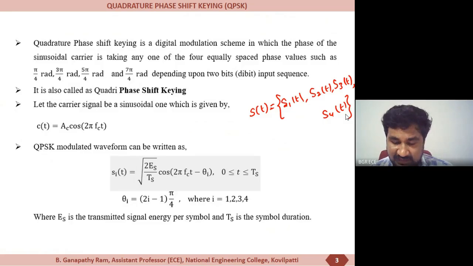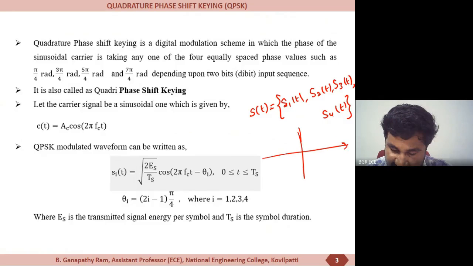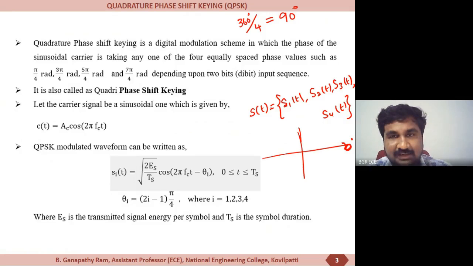And for the phase angle deviation given for each of these symbols, we can choose 0 degree. So the entire 360 degrees is divided by 4 here. So we can have 90 degrees.